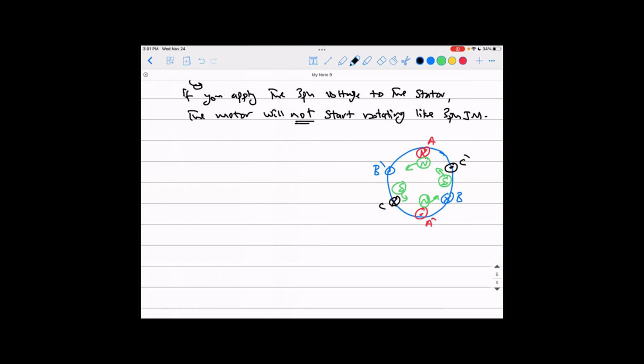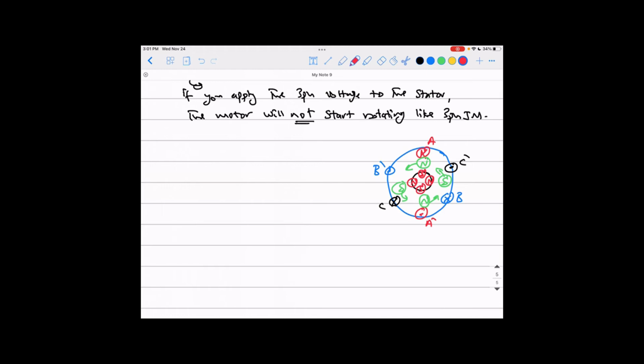The difference is the rotor of the synchronous machine. If you remember, the rotor has DC excitation to create its poles. So it has a north pole here, a south pole, and so on. But those come from DC excitation. That means they are not rotating by nature.